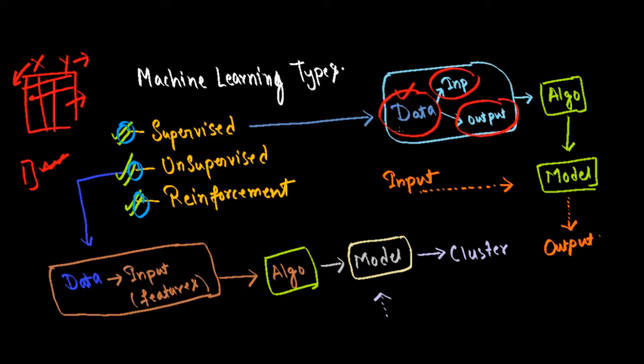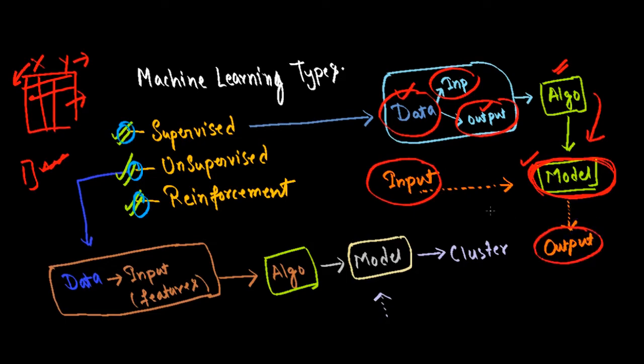When I say that we are given some data and some output labels for the data, we pass that data to an algorithm, and the algorithm then creates a model. After creating this model, it basically becomes the formula, or you can say the knowledge for the machine. Whenever it is given a new input, that is data without an output label, the model is capable of producing the output.